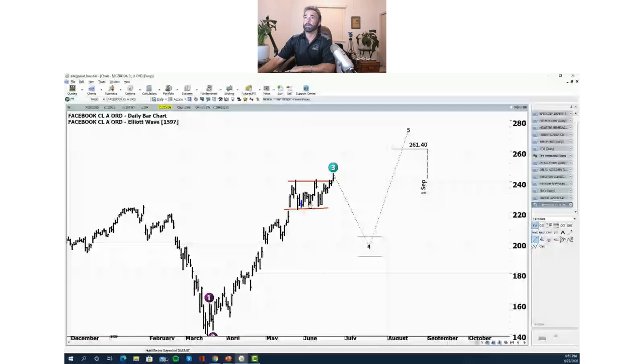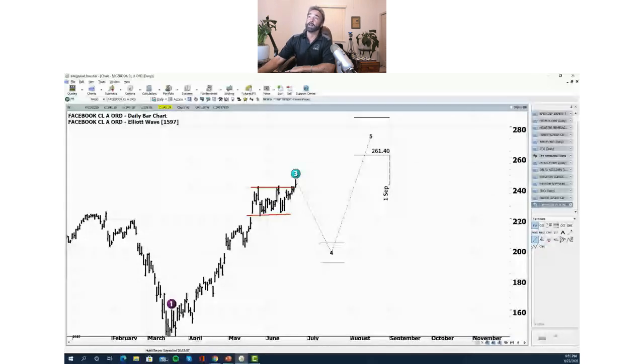And this is really indicative of why I don't like doing at-the-money butterflies for sideways positions. Because here you had a 240 resistance level, a 220 support. You're bouncing around in there and you're thinking, okay, I'll put on an at-the-money butterfly and hopefully we'll get this to go sideways for a couple of months and be able to work off some of the time decay. And then boom, it breaks out.